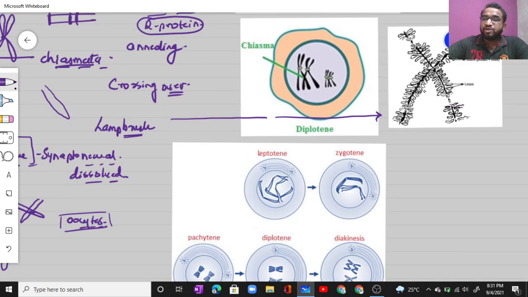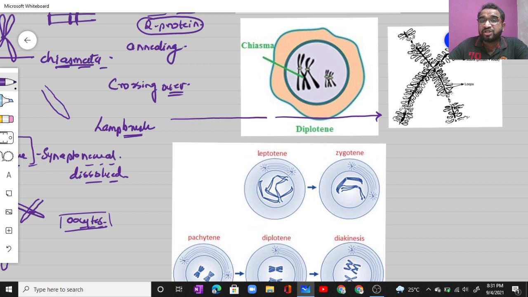These are the lampbrush chromosomes. So diplotene is extended for many years. They are present in this form only, and metabolically it is active in animal cells, especially oocytes, which we have already just discussed.